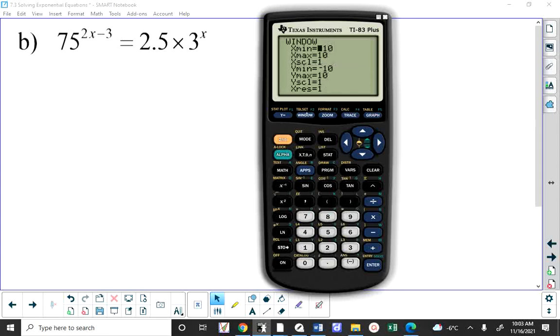But if you want to see that point of intersection, then you need to look up higher. And I'm going to go up to 50. I don't know if that's going to be enough or not.